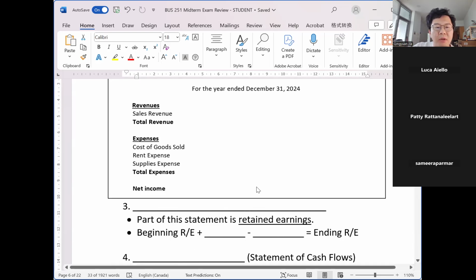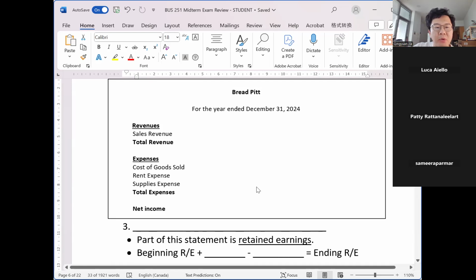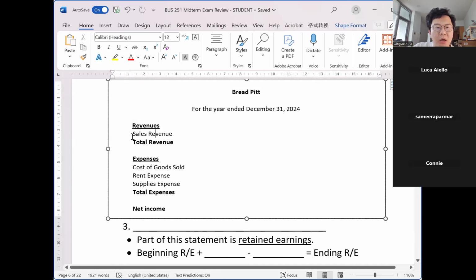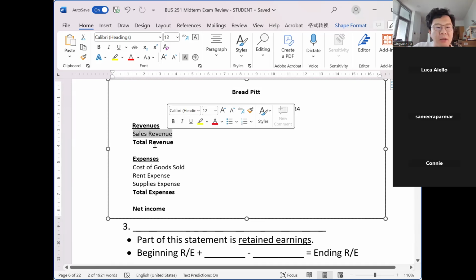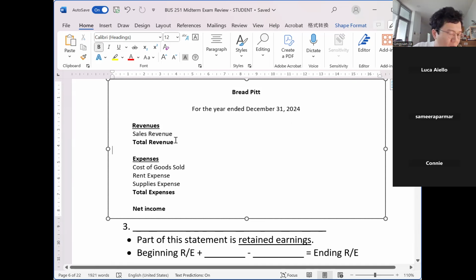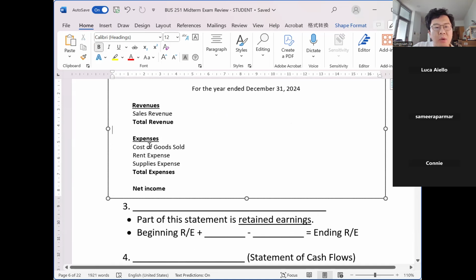And at the beginning, we put the revenue here, which is sales revenue or some other kinds of revenue, and then we have the total revenue. And then we put the cost of goods sold here.